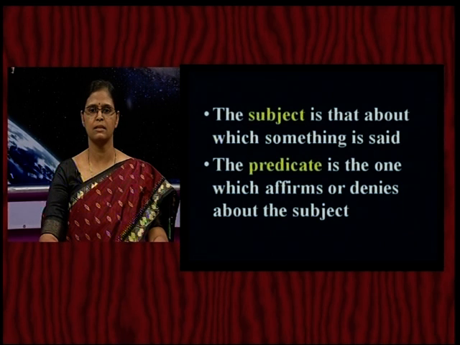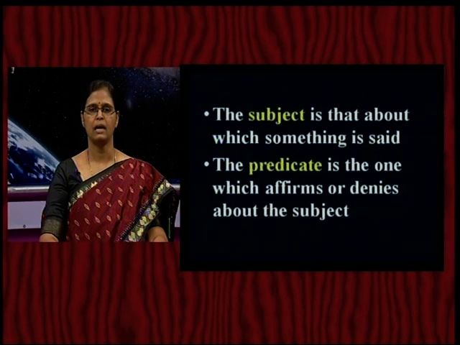A subject is that about which something is said, and the predicate is the one which affirms or denies about the subject. Every categorical statement will have a subject and a predicate.